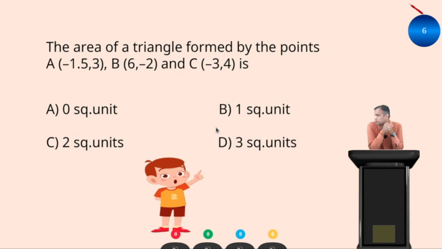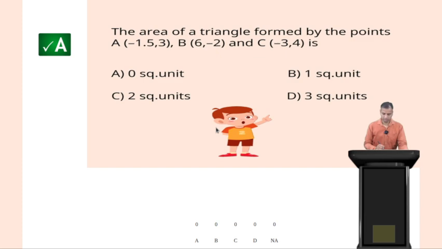Okay, your time is getting over. So what is the correct answer? It is A. So the area of this triangle is 0.